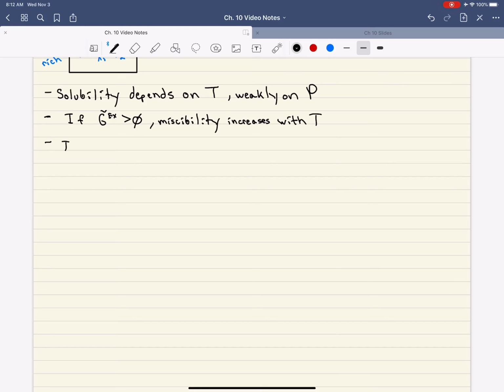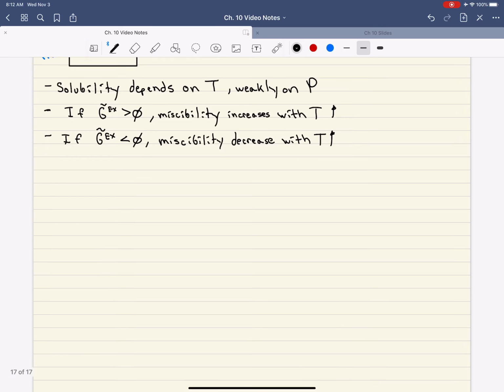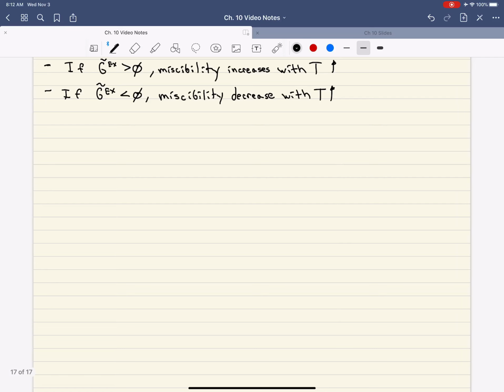Conversely, if the excess Gibbs energy is negative, the miscibility will decrease as you increase temperature, so T going up. And graphically, that would look like this.